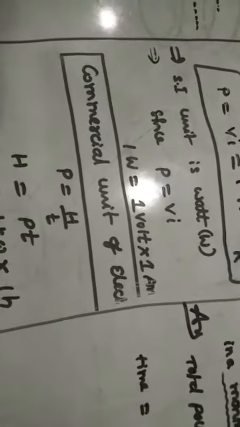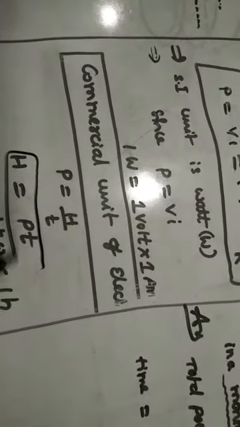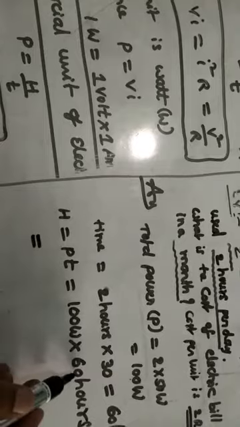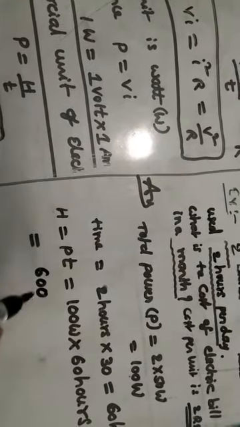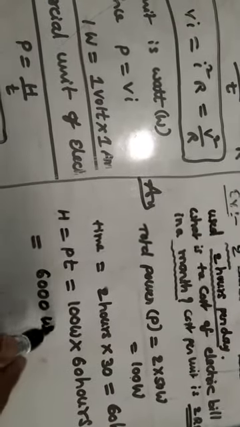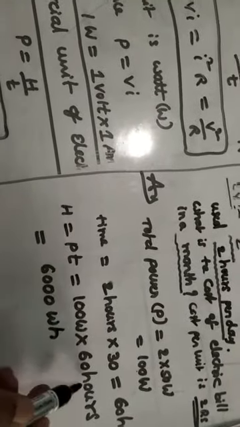Now I told you already one formula, H is equal to P into T. One formula is there, heat energy. So H is equal to P into T formula I am applying here. P means total power is how much here, 100 watt. Time means how much here, 60 hours. Everyone look how I am solving these questions. So 6000, two zeros, three zeros are there, watt is there, hour is there, W H, hours.